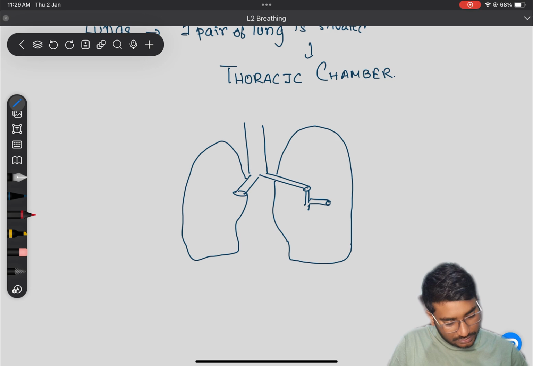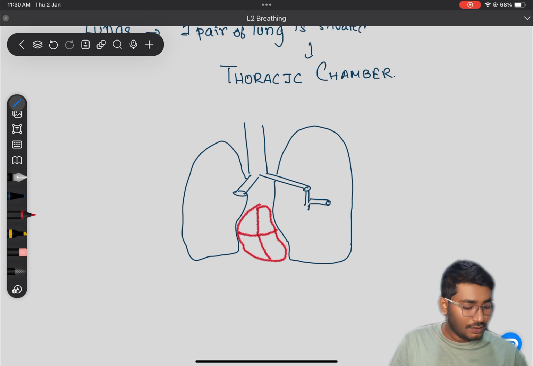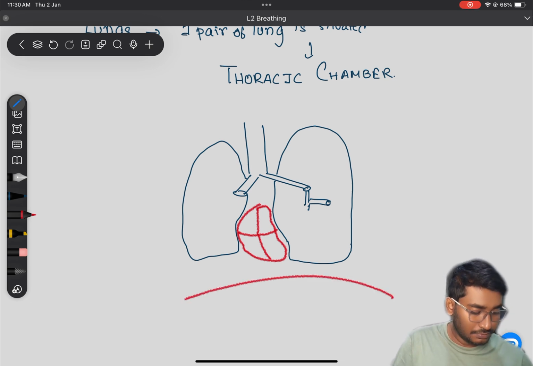Here the heart is there. Let it be considered as a heart.